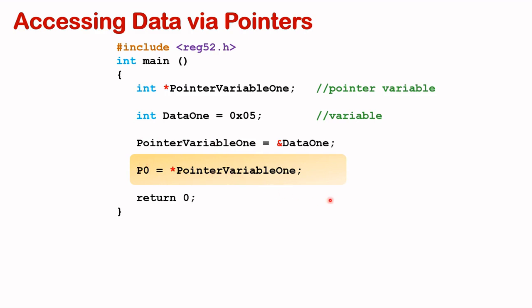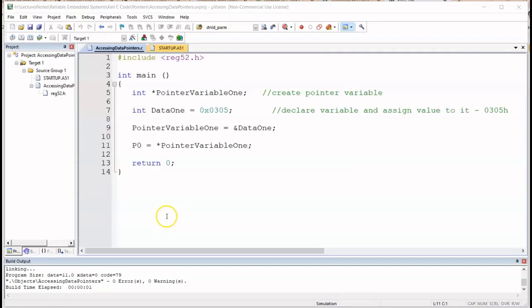So let's move over to the demonstration code. Okay, let's look at the demonstration code. So line 5, line 7, line 9 are the same as the previous demonstration. Line 11 is the new line of code that we inserted.